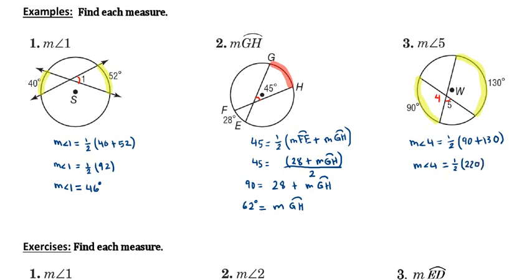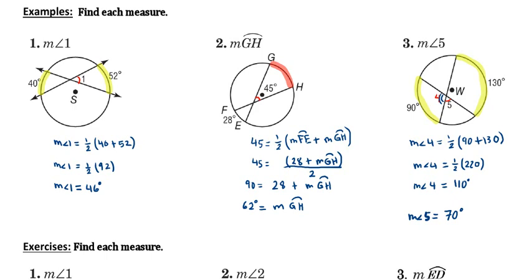Taking half of 220, the measure of angle 4 would be 110 degrees. So now I know that this angle here is 110, therefore the measure of angle 5 should be 180 minus 110, which is equal to 70 degrees. And we're done with number 3.